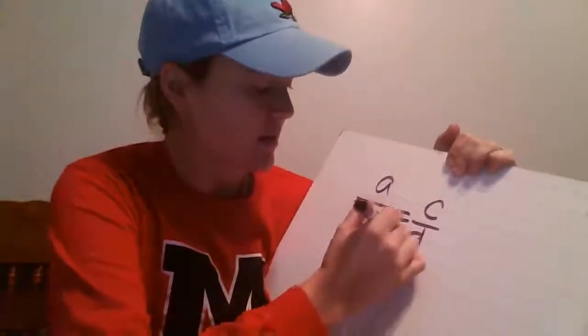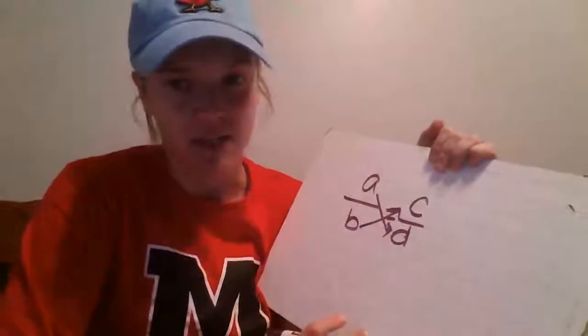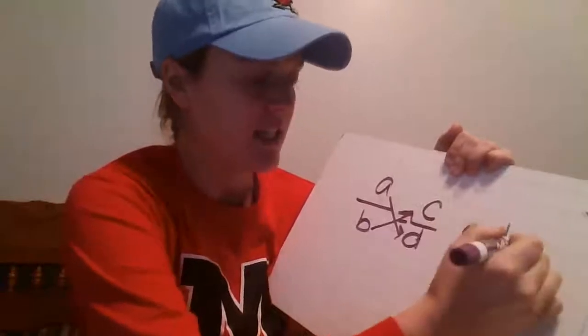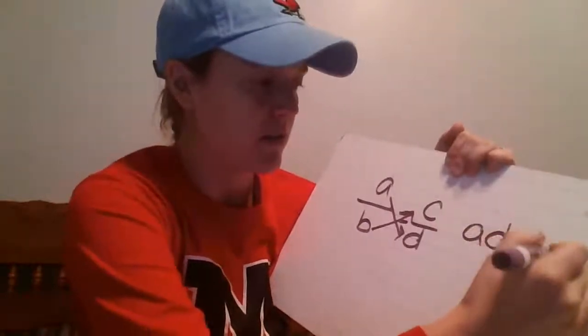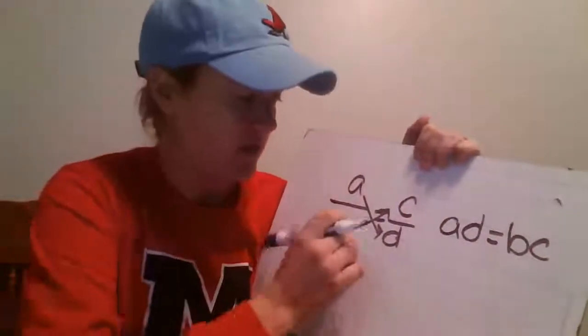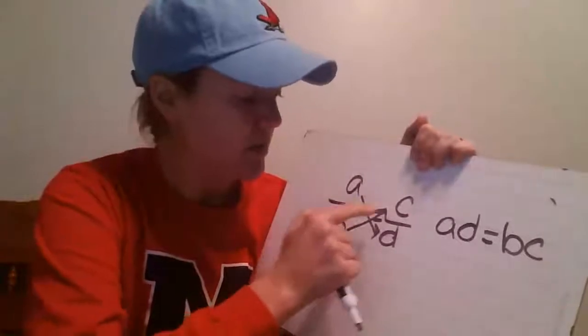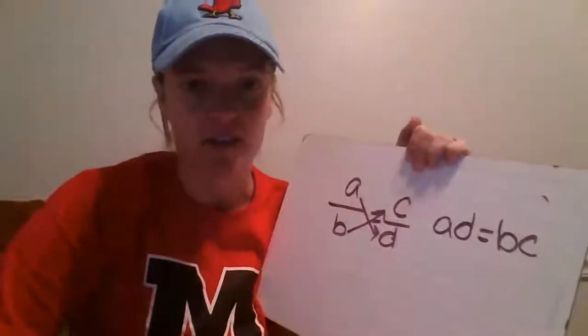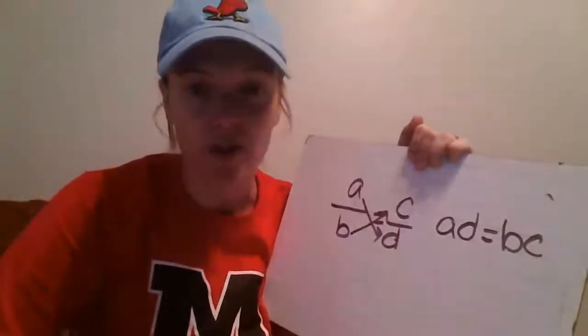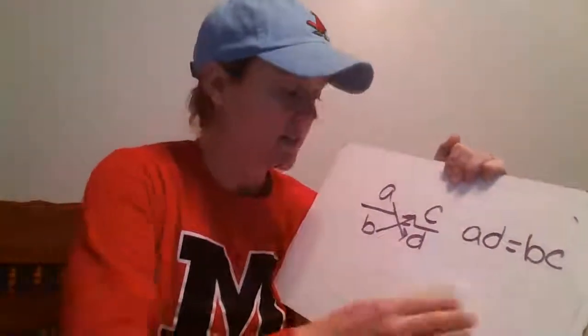So if I do cross product, I'm going to multiply B times C and A times D. When we're multiplying variables, they're just going to stay the same. So it's AD equals BC. Cross product means right across, product means multiply. So we're going to multiply across, and that's how we're going to figure it out. This is going to be a majority of what your assignment is, so we're going to spend a little bit more time on your cross products.